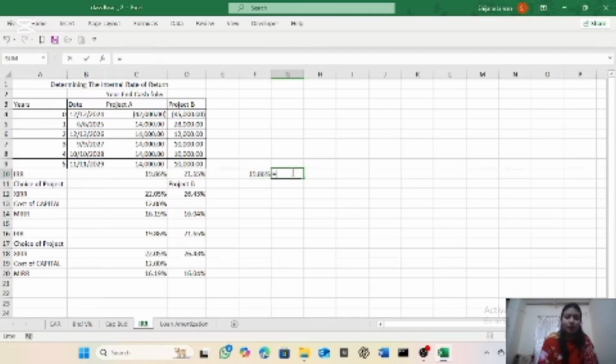Project B, equal formula IRR, values would be entire values of project B, bracket close, enter.